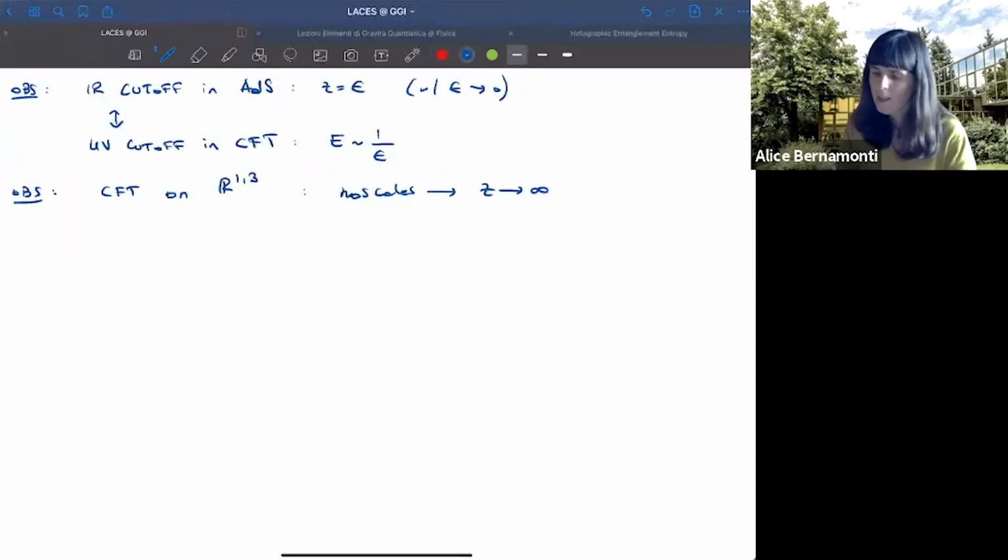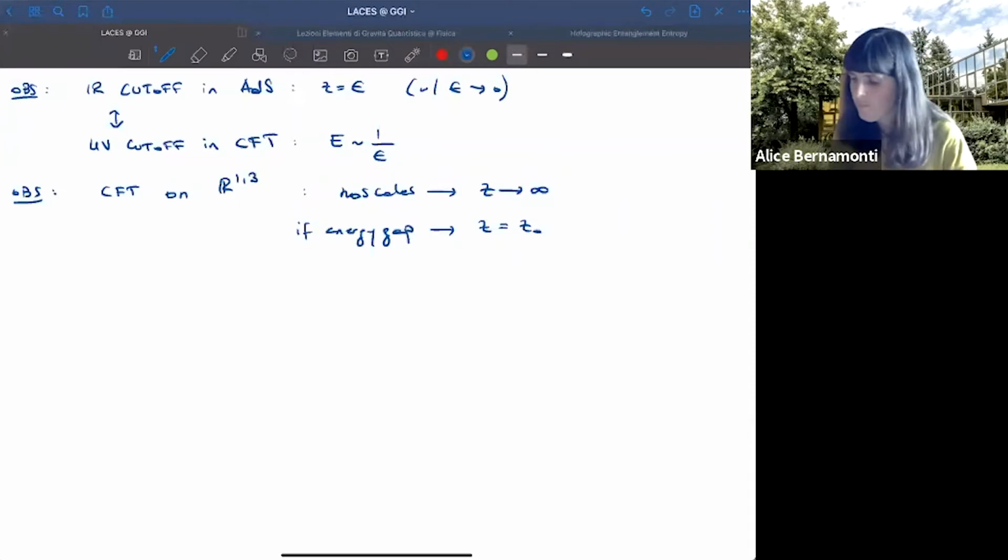On the other hand, if our theory has an energy gap, then the bulk needs to end smoothly at some finite proper distance, z equals z naught. So if you have an energy gap, then the bulk will end at some finite proper distance z naught, which can be related, for instance, to the inverse temperature or to some inverse mass.